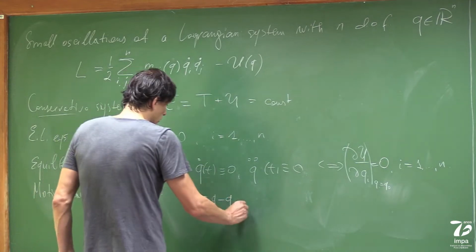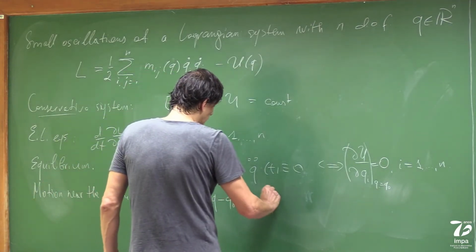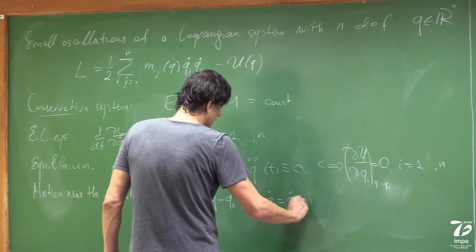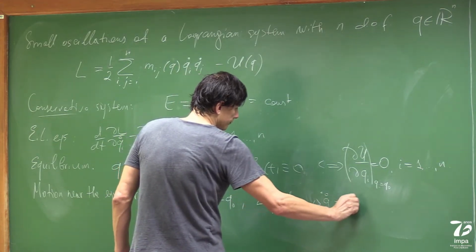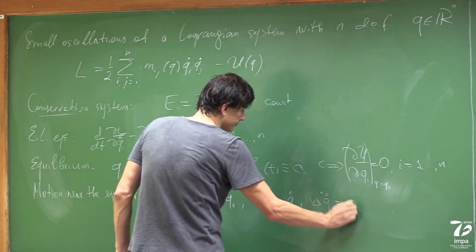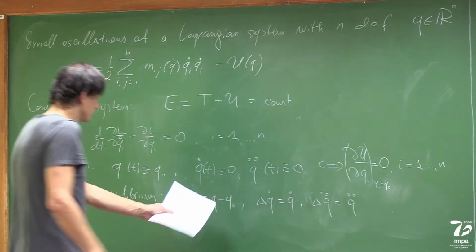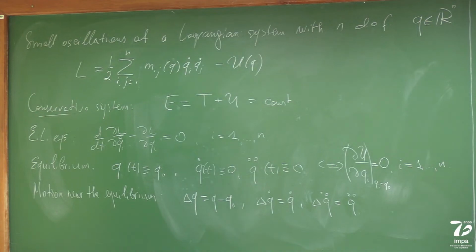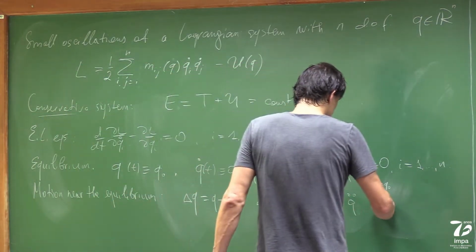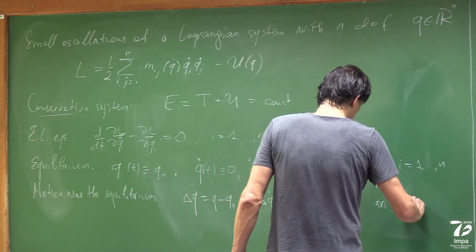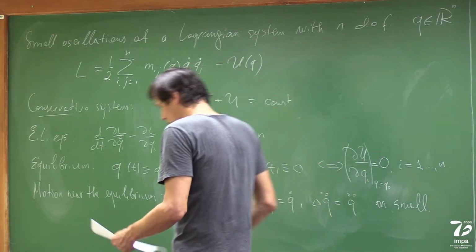And then you can also consider its derivative. But the derivatives are just the same as the derivatives of the original vector, of course, because differentiating a constant gives 0. And we consider them all small.